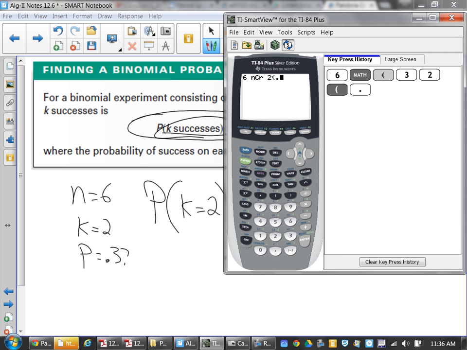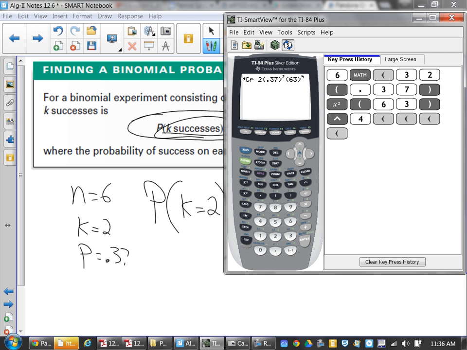Point 37 squared times point 63 to the, oh, that's gonna be bad. It's gonna be 0.334. Yeah, these will be kind of annoying to type out because it takes a while. So the probability that 2 out of these 6 believe in UFOs would be 0.32.